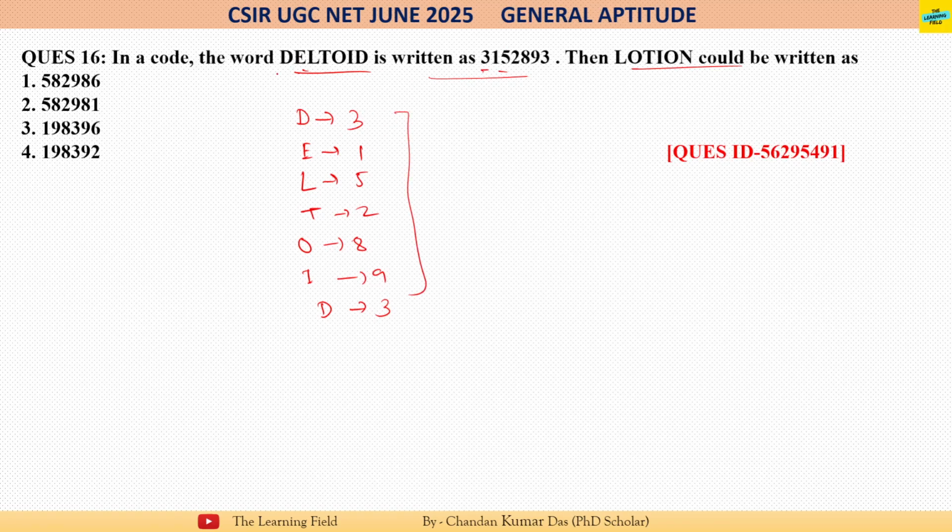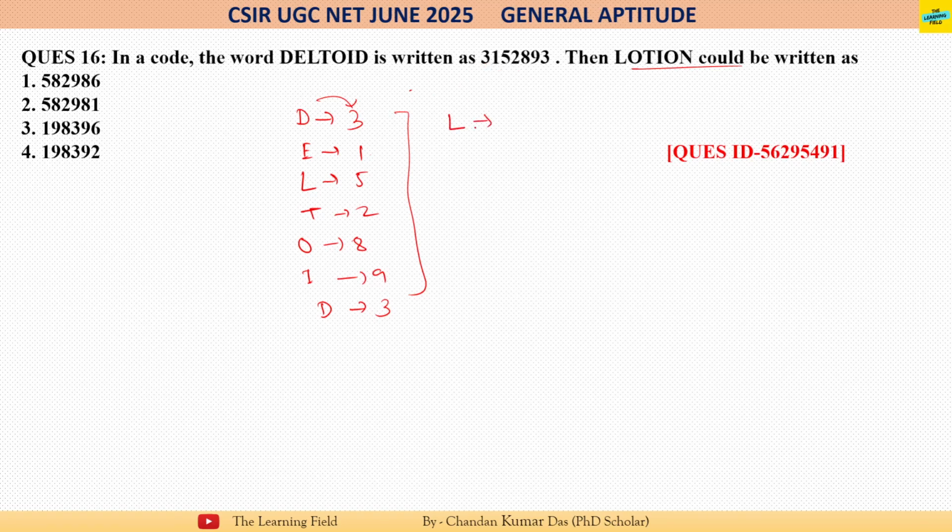Suppose in many questions D implies 4 because this is the fourth letter of the alphabet. But this is not given. E is the fifth alphabet. If we calculate 4 minus 1 is 3, then E should be 5 minus 1, which is 4. But this is not given. Therefore, don't think so much about this question, just answer.